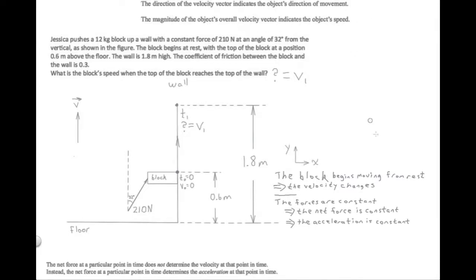So if the speed is changing, then the velocity is changing. So because the block begins moving from rest, we know this is a problem with changing velocity, not constant velocity. And we know the acceleration is constant because the acceleration is determined by the forces. Well, in this problem, the forces are constant, so the net force is constant, so the acceleration is constant.